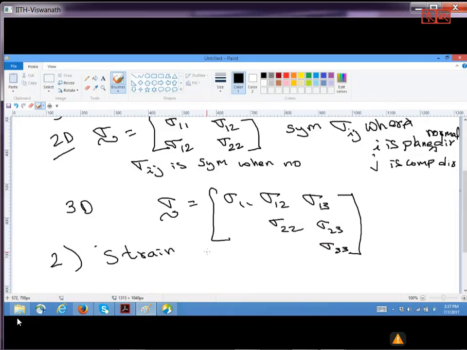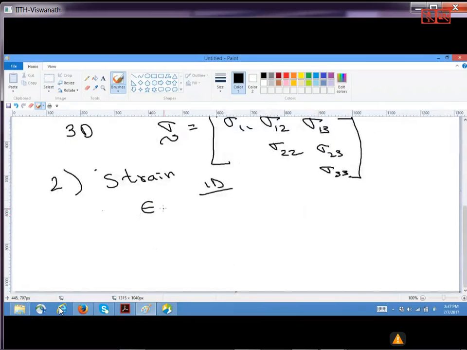And we defined for the 1D case the strain as epsilon is equals to limit delta L tends to 0 or delta x tends to 0, delta u by delta x, that is also known as du by dx.